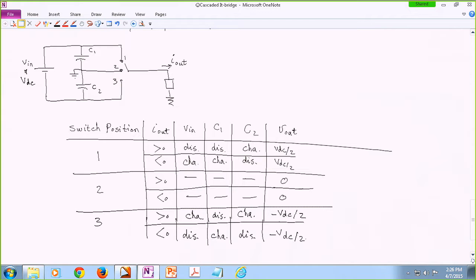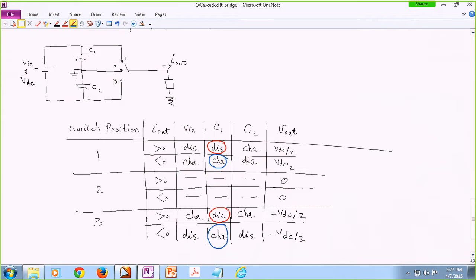So again, when it comes to balancing C1 and C2, you should actively or in a passive way, assuming that there is symmetry in the system, make sure that the amount of electric charge that is coming out of C1, when you're in these two modes, is equal to the amount of charge that is going into C1.